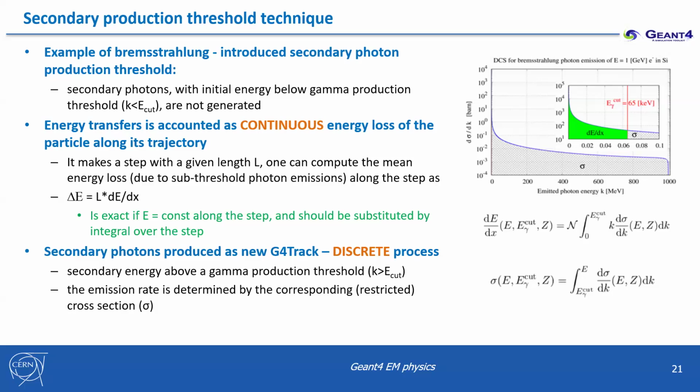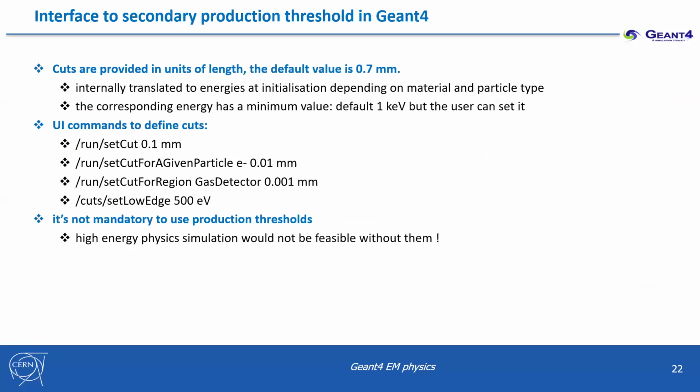For gamma, the maximum value is the kinetic energy of the primary particle. So we implement this mechanism. We have a cut different in each material, and we either account energy deposition as continuous energy loss or produce real gammas.